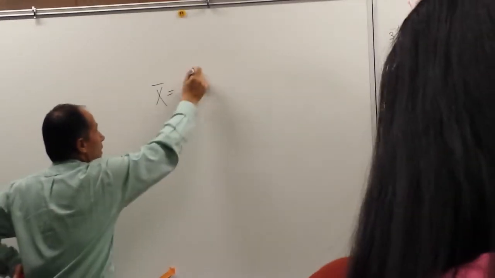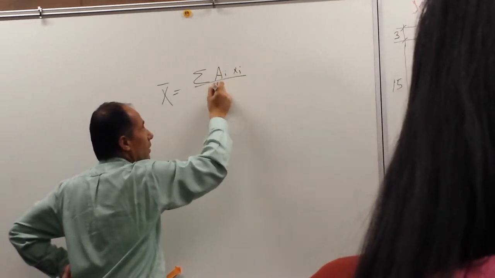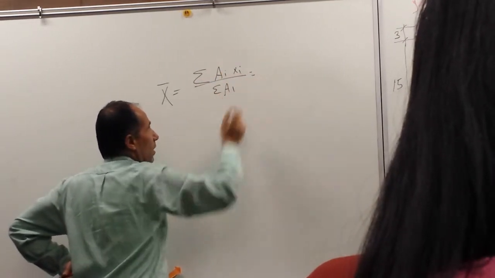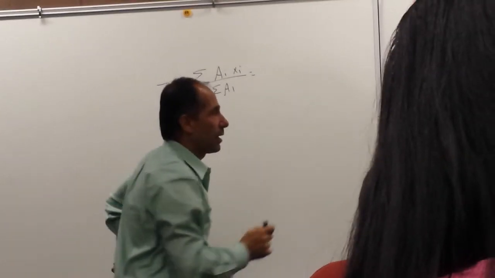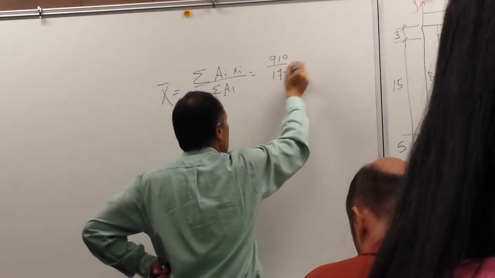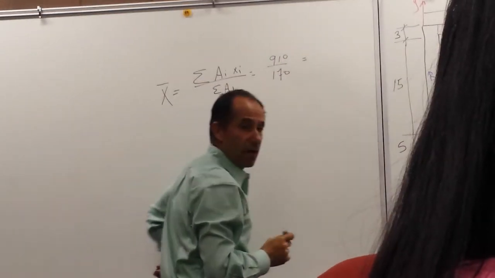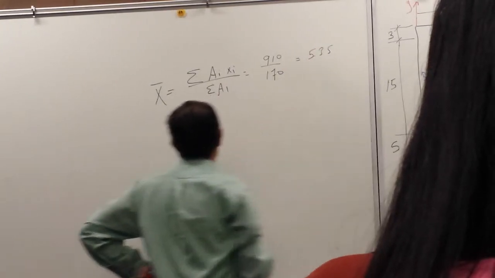What is X bar? 910 over 170. Sum of A_i x_i over sum of A_i, which equals 5.35.